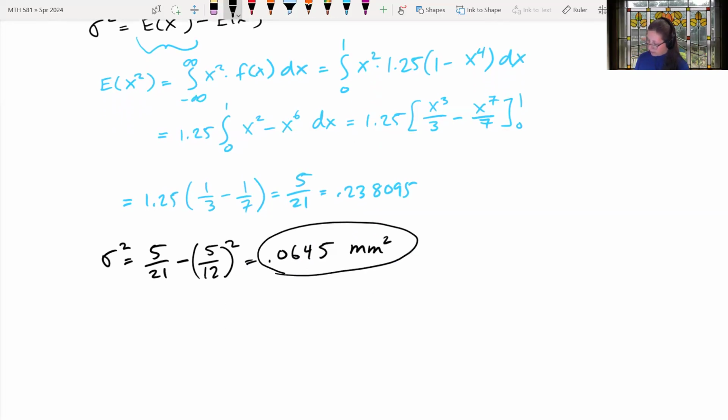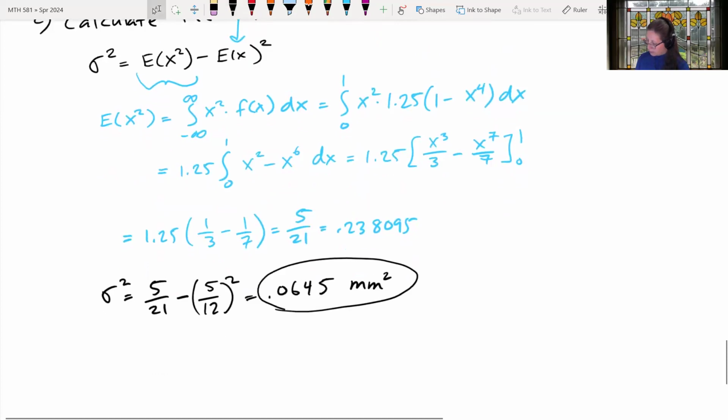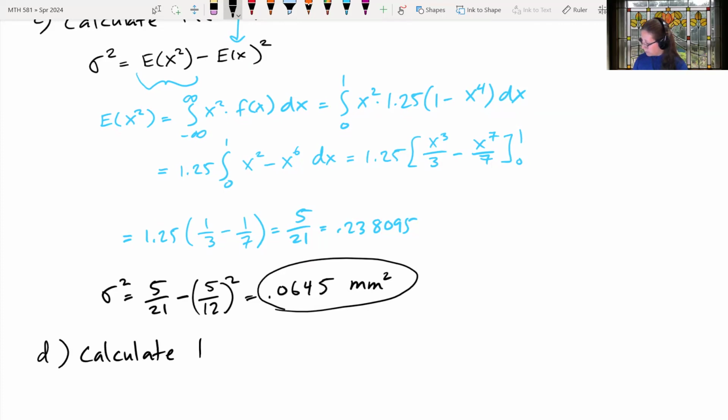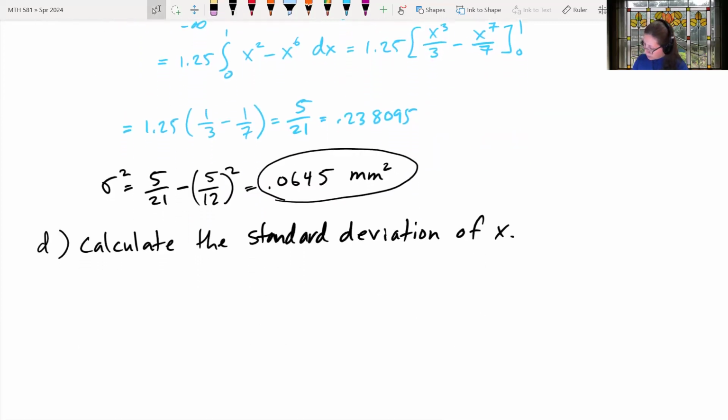And then let's do part D. Calculate the standard deviation. That's just simply the square root, positive square root of the variance.